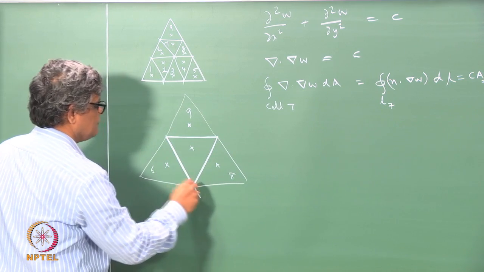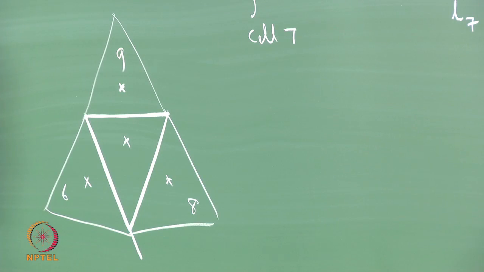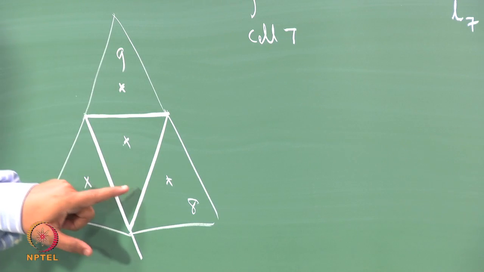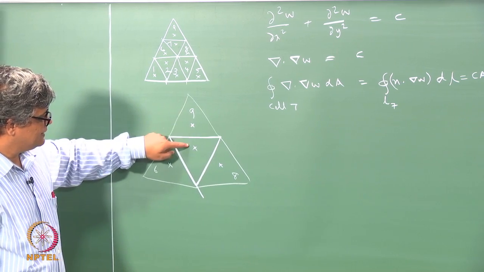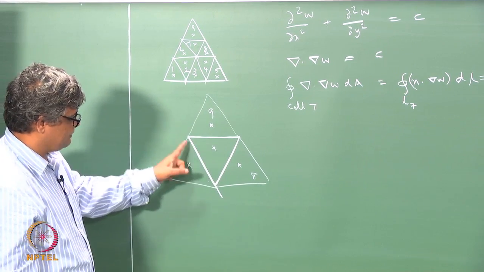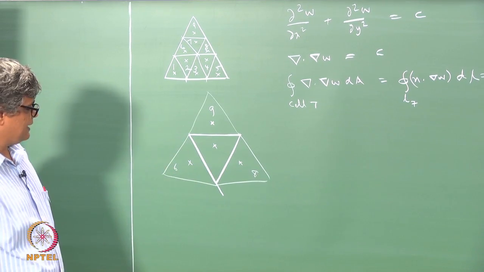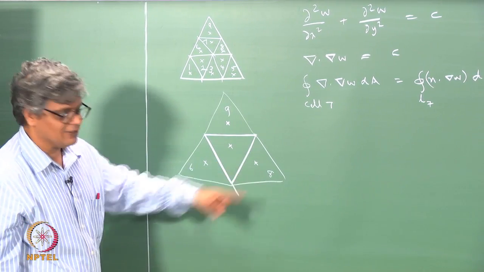We have identified the 3 immediate neighbors with which it shares a face. This face is shared by 7 and 9, this by 7 and 6, and this by 7 and 8.